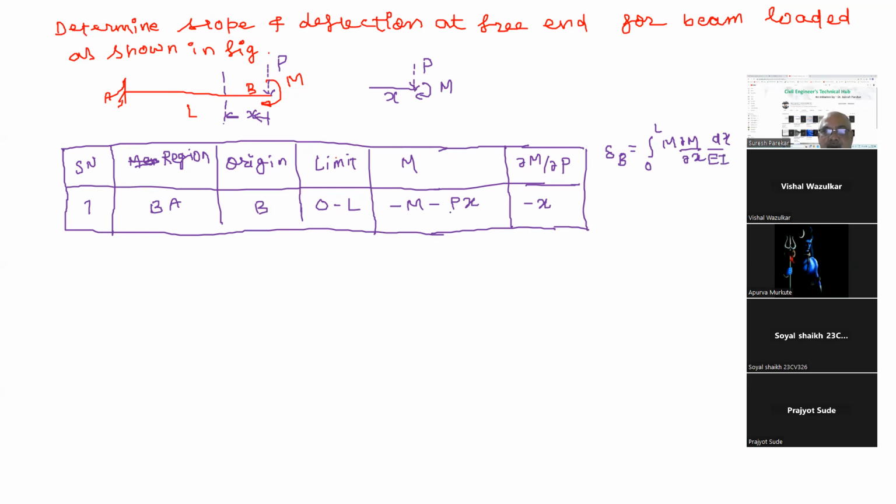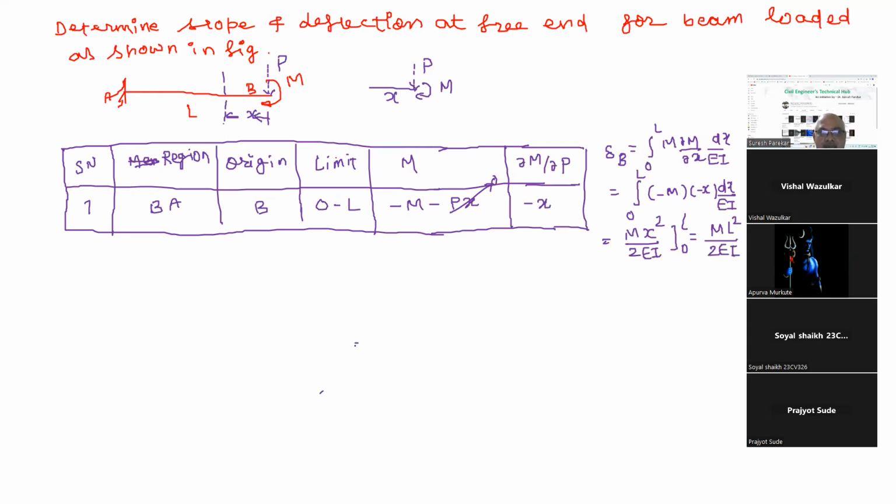As P is dummy load, it becomes 0. So we have integration 0 to L minus M minus X dx upon EI. Now you integrate it, what will we get? Mx square by 2 EI from 0 to L. And that gives us ML square upon 2EI.